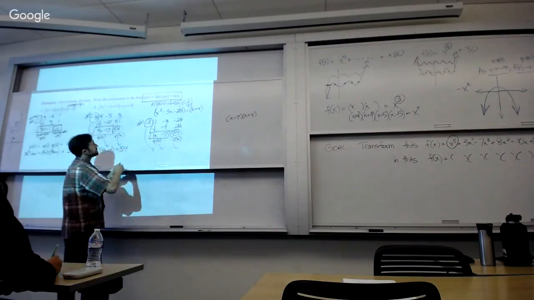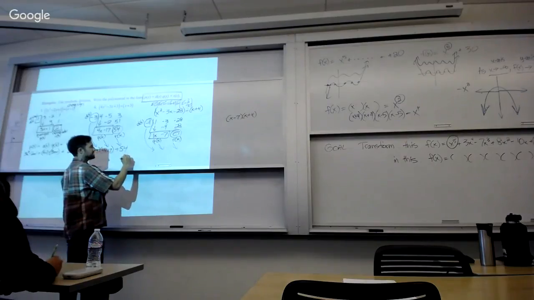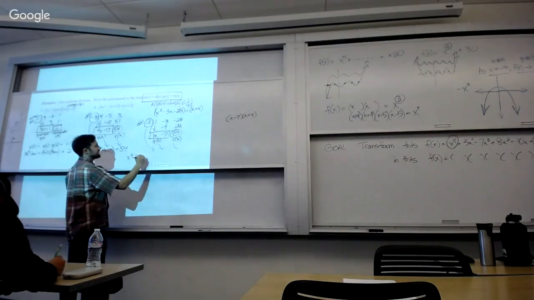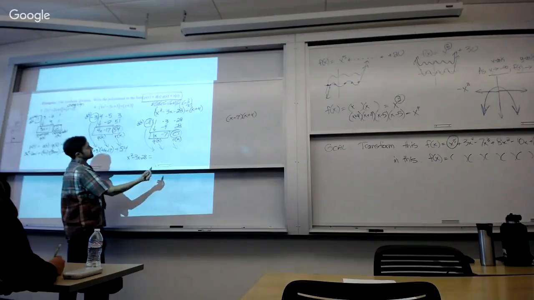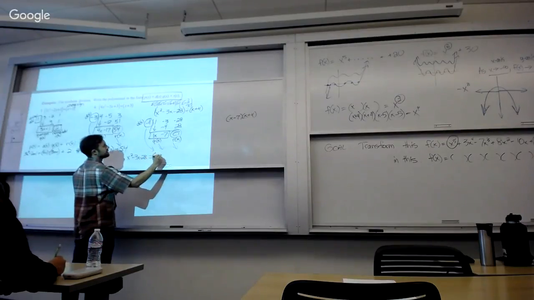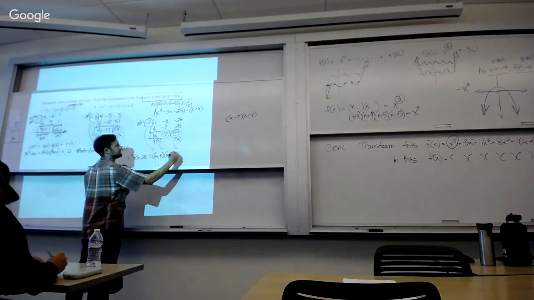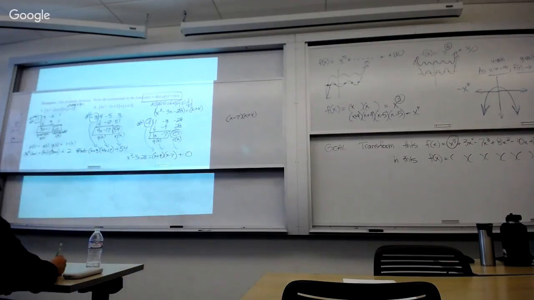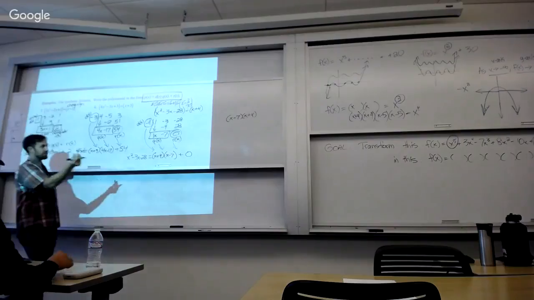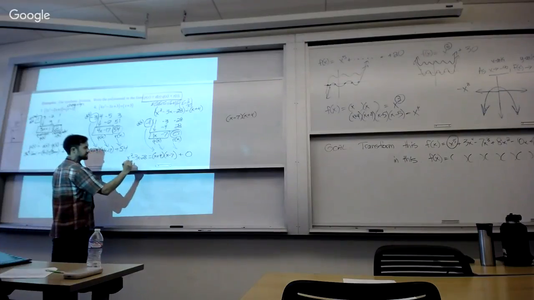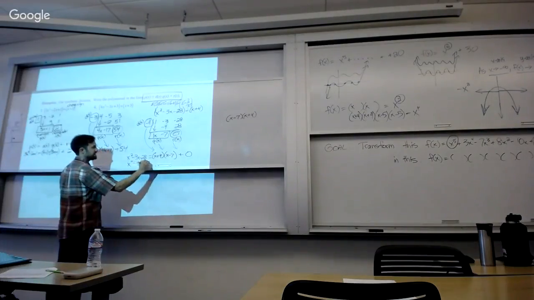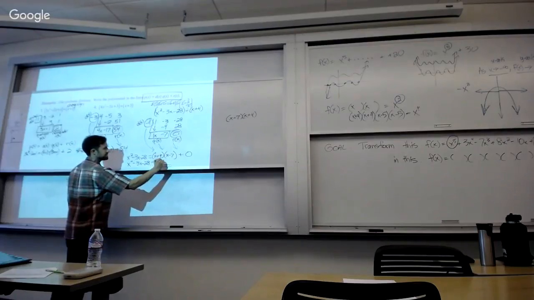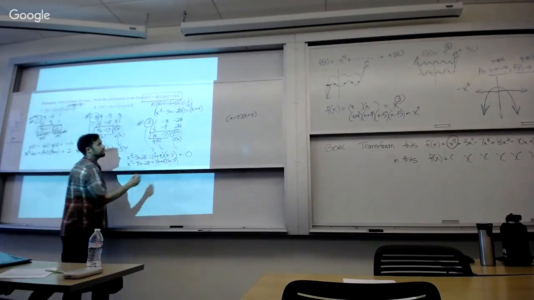I get that my original polynomial, x squared minus 3x minus 28, is equal to x plus 4 times x minus 7 plus 0. And that's really cool because the plus 0 goes away, and now we just see that x squared minus 3x minus 28 is factorable into x plus 4 times x minus 7, which we knew ahead of time.